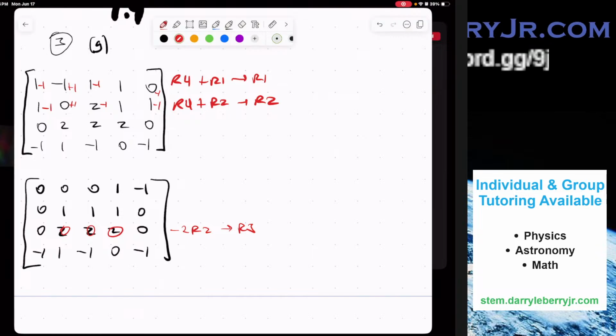And what's left for me to do is to get rid of most of other things, but it'll all add up more things. So let me multiply this by negative 1.